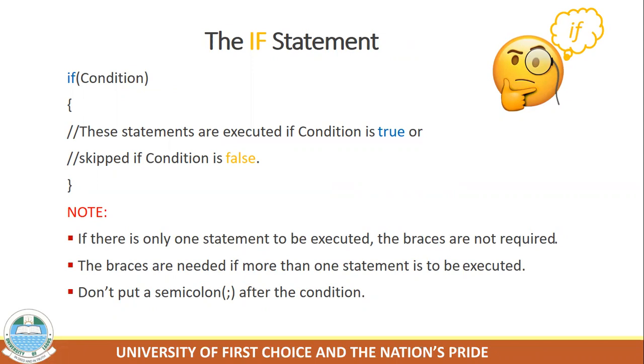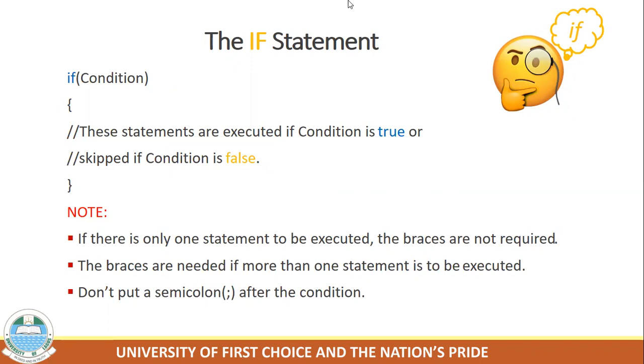You want to make a decision, like an everyday decision. You ask yourself, if it's raining, then I need an umbrella. If a certain condition is met, then I will do this. If there is something available, then I execute it. Otherwise, it will not execute.